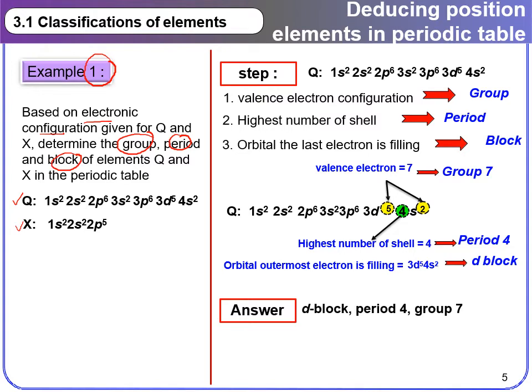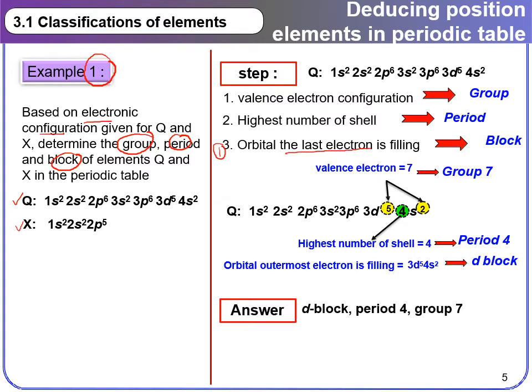Based on your notes, you are going to determine the number of valence electrons from the configuration. However, I would prefer that you start with step 3 as number 1: the orbital in which the last electron is filled.